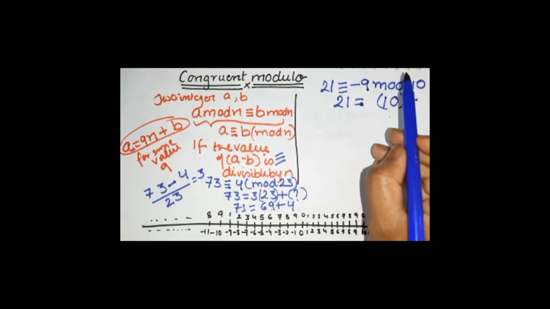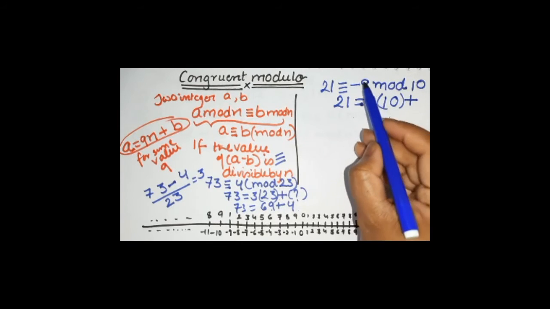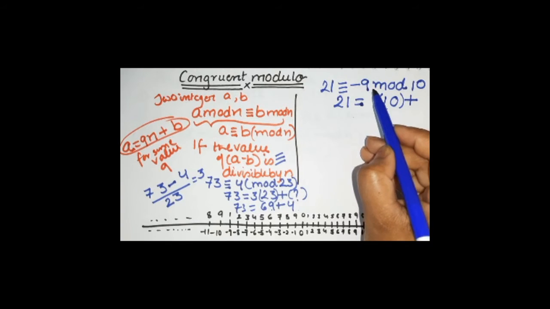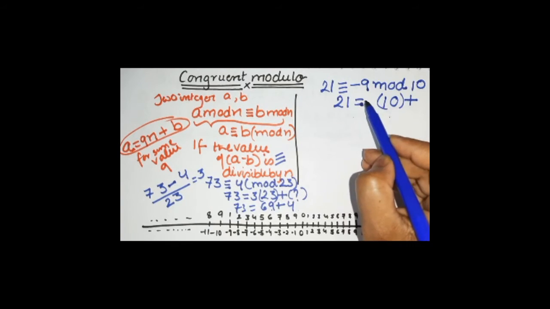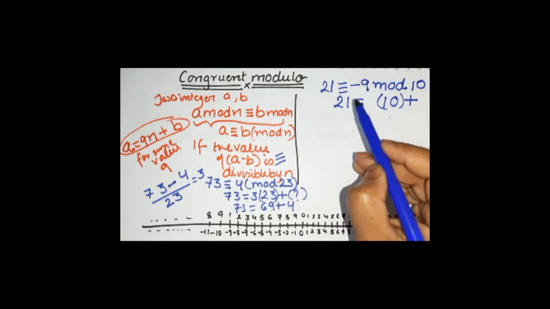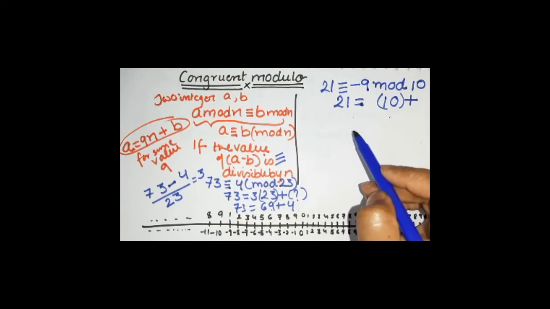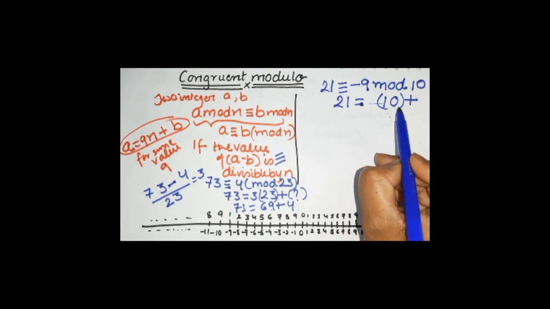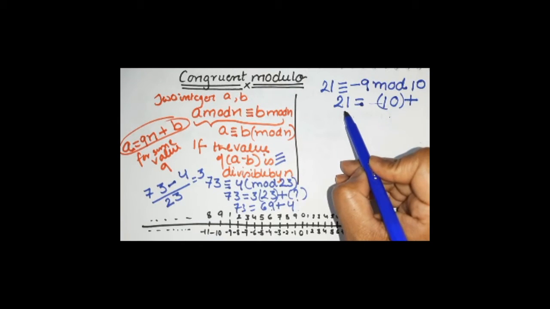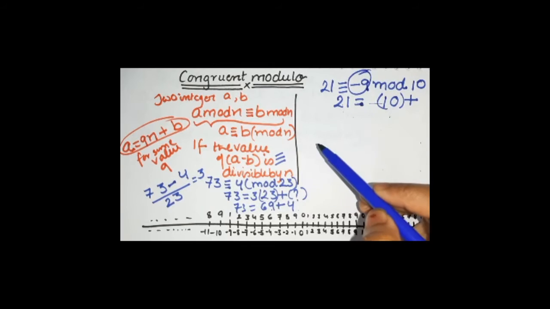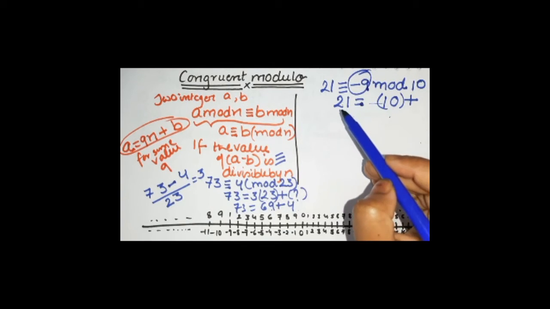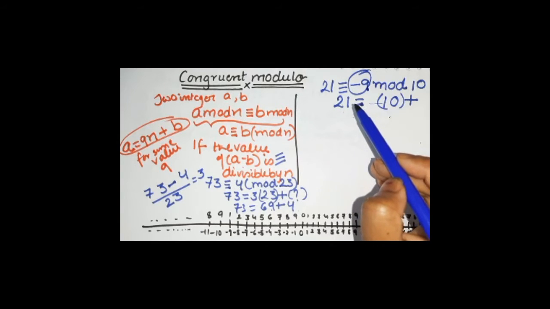Here, one more thing I would like to tell you: when there's a minus integer value, it should be a number just greater than 21. So when you multiply 2 with 10, you get 20, which is less than 21. For a minus value, it will not be lesser than 21. It will be just the bigger number than 21.